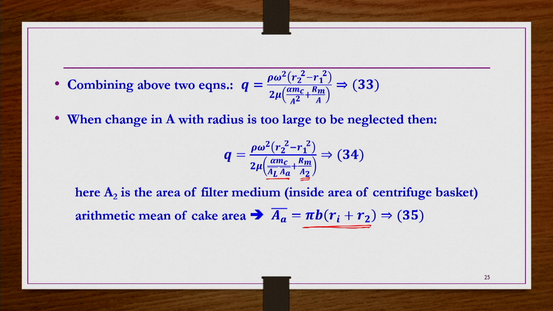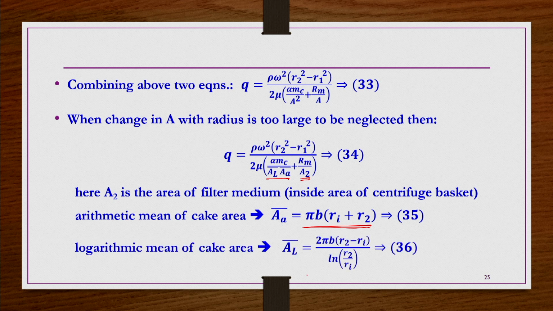Similarly, the logarithmic mean of cake area can be taken as 2 pi b R2 minus Ri divided by ln R2 by Ri.